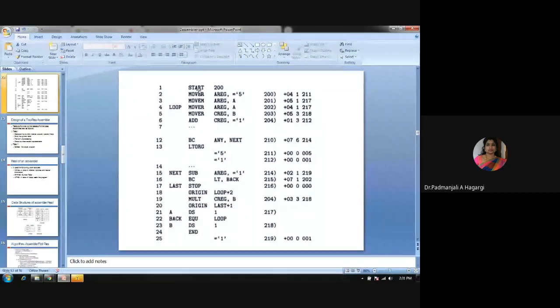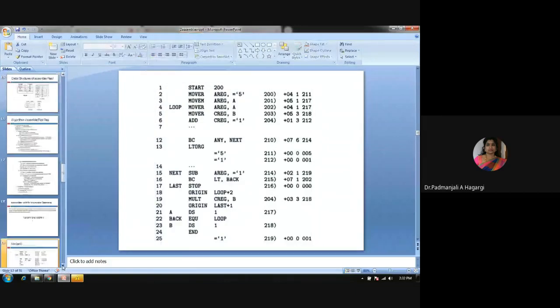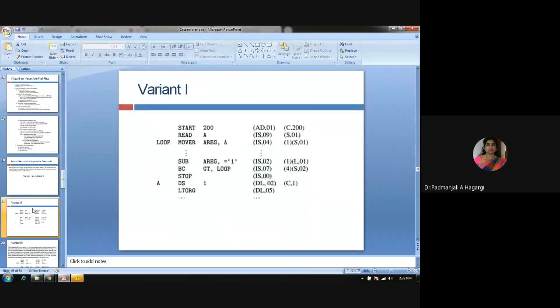Now mover is an imperative statement and its value is 4. AREG is a register, declared here, and its value is 1.